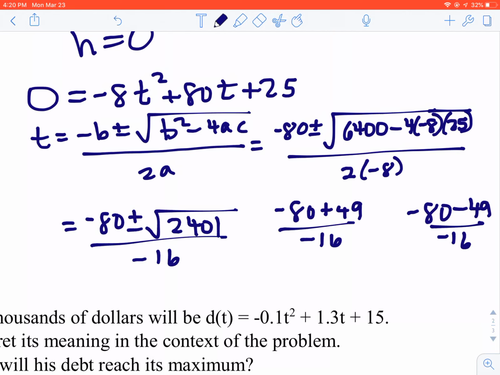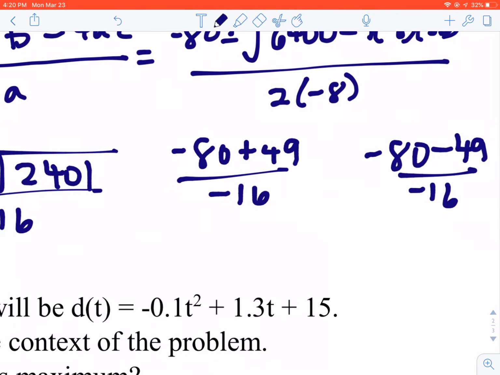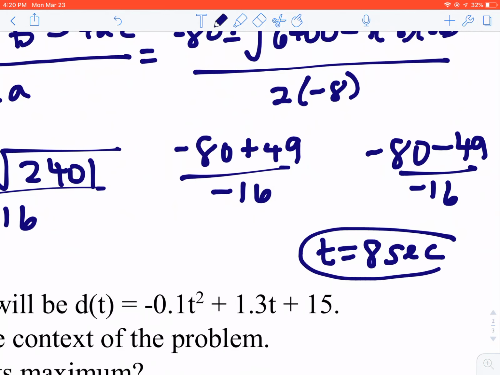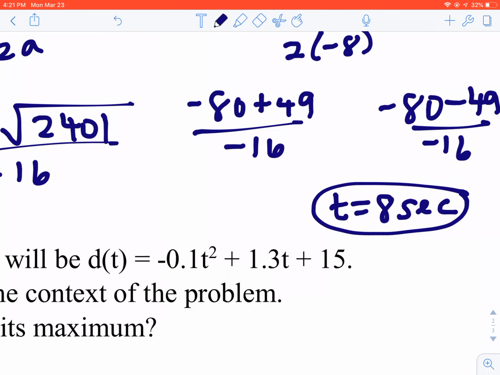So one of these doesn't make any sense. Which one? I think my t is supposed to be 8 seconds when it hits the ground again. So 80 minus 49 divided by 16 is 1.9.